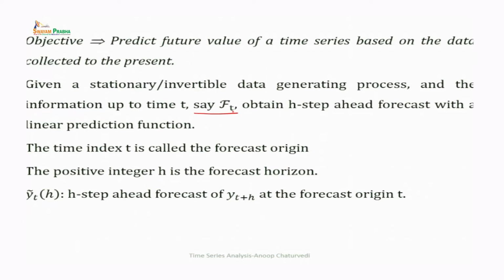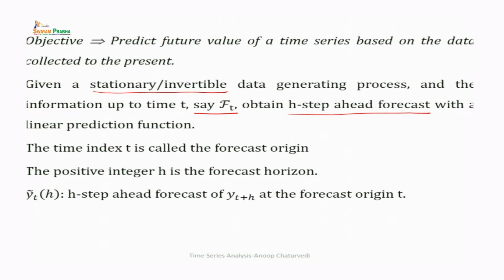So, you are presently at time t, and this F_t denotes the information up to time t. You also assume that your data generating process is stationary and invertible, and then you want to obtain the h step ahead forecast.